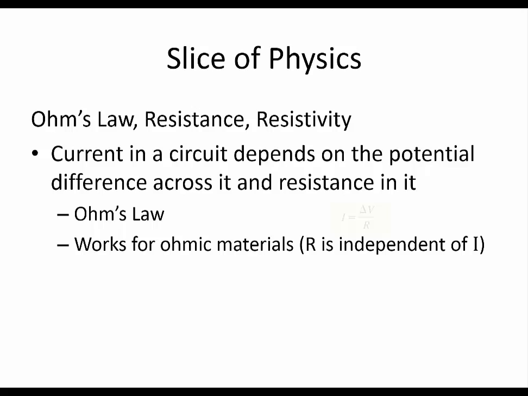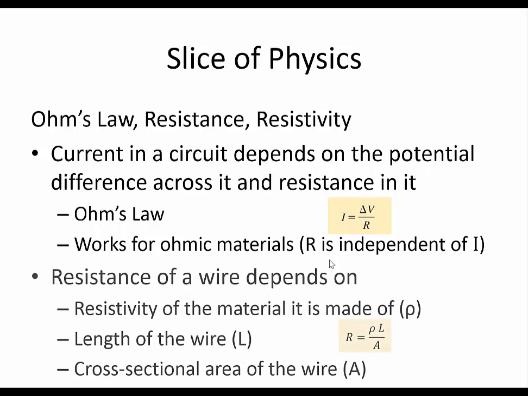So to summarize, in this slice of physics, we first saw how current is dependent on the potential difference across a wire and the resistance of the wire, and that relationship is mathematically given by Ohm's law, which is this equation, I equals delta V over R. And this works for, as we discussed, ohmic materials, where the resistance does not depend on the current in the wire.